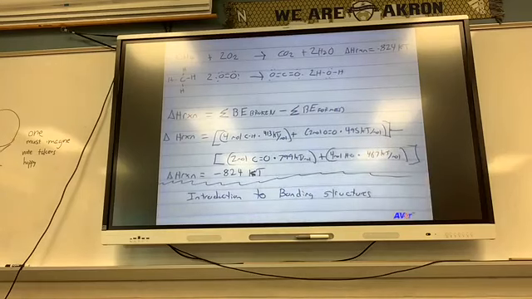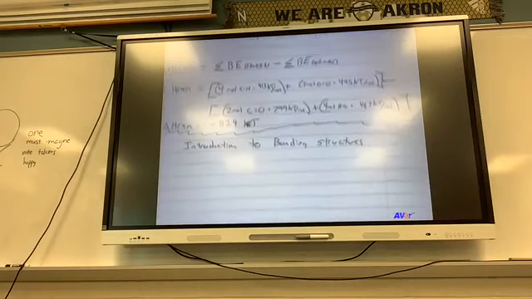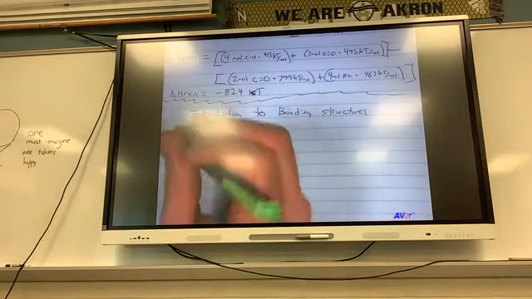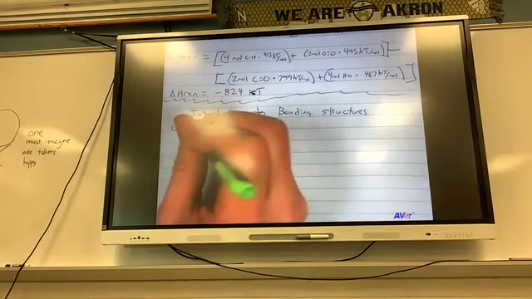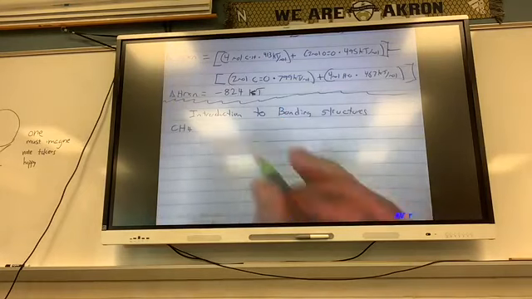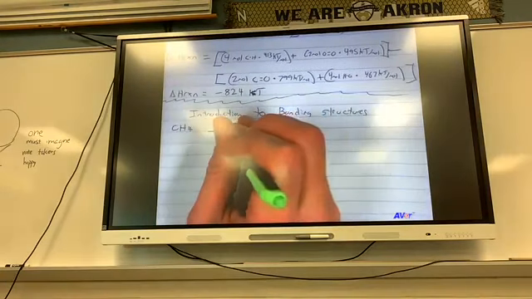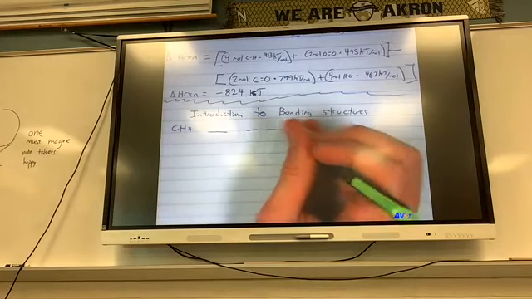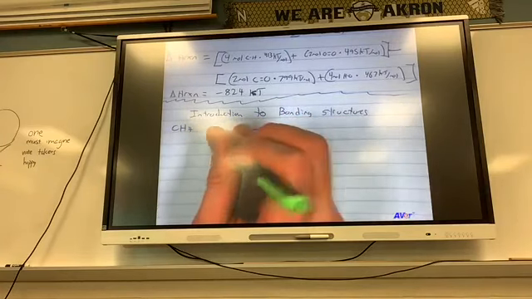So this is the start of all of our shapes, bonding, all that stuff. So let's look at CH4 and draw the orbital diagram. But we only need to worry about our outermost electrons. So here's my 2s.